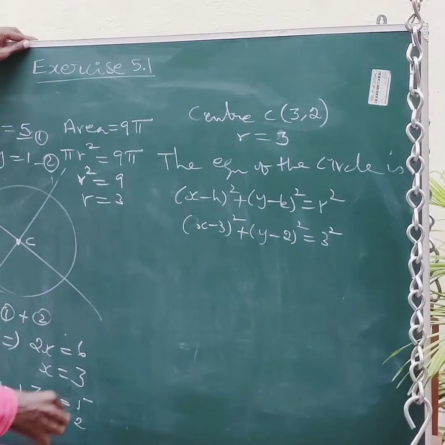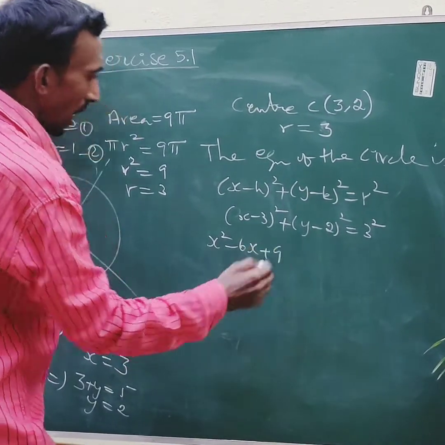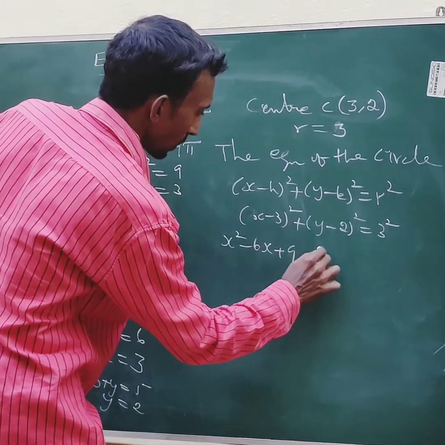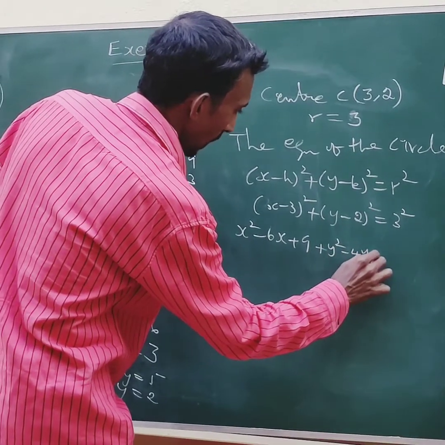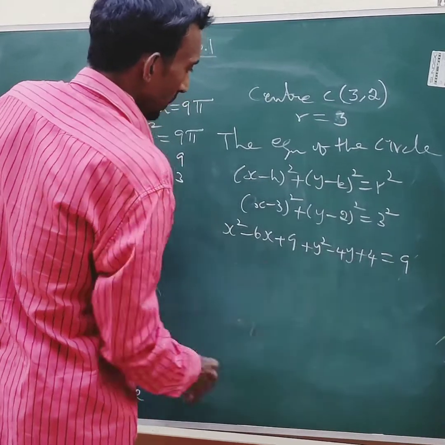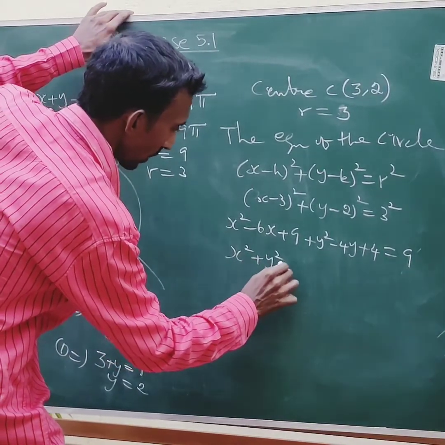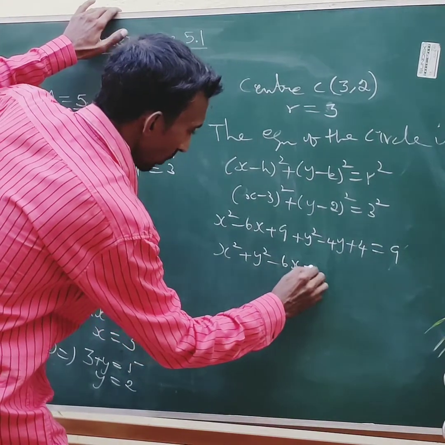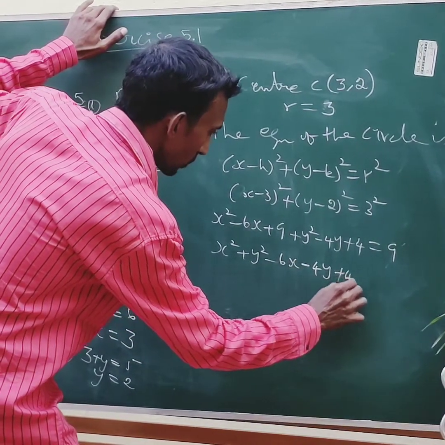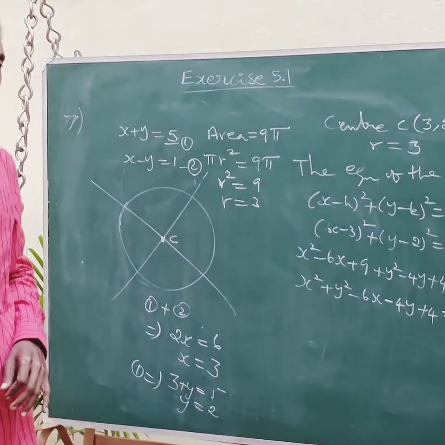If you want, you can expand this: x square minus 6x plus 9, plus y square minus 4y plus 4 equal to 9. We can cancel the 9. So x square plus y square minus 6x minus 4y plus 4 equal to 0. That is the required equation of the circle.